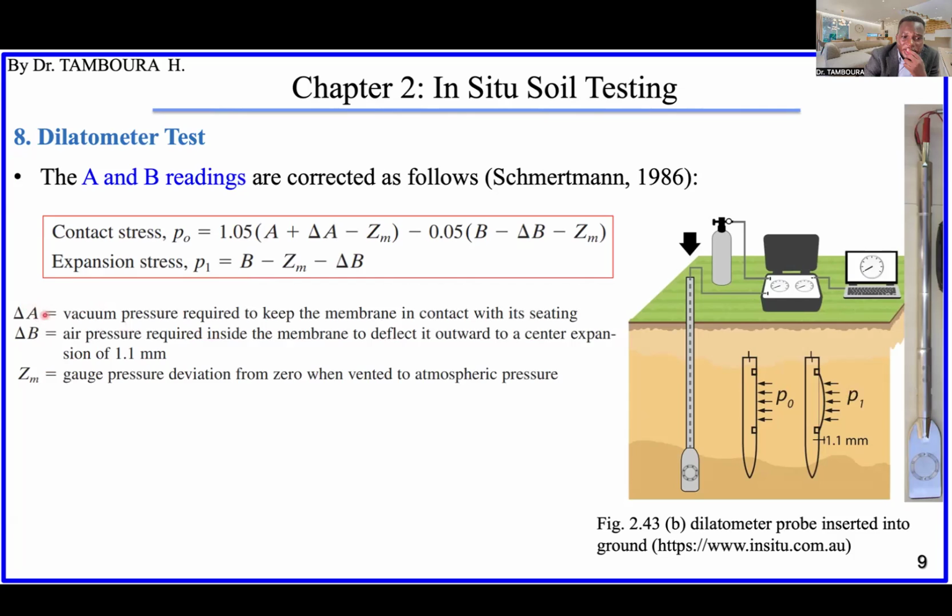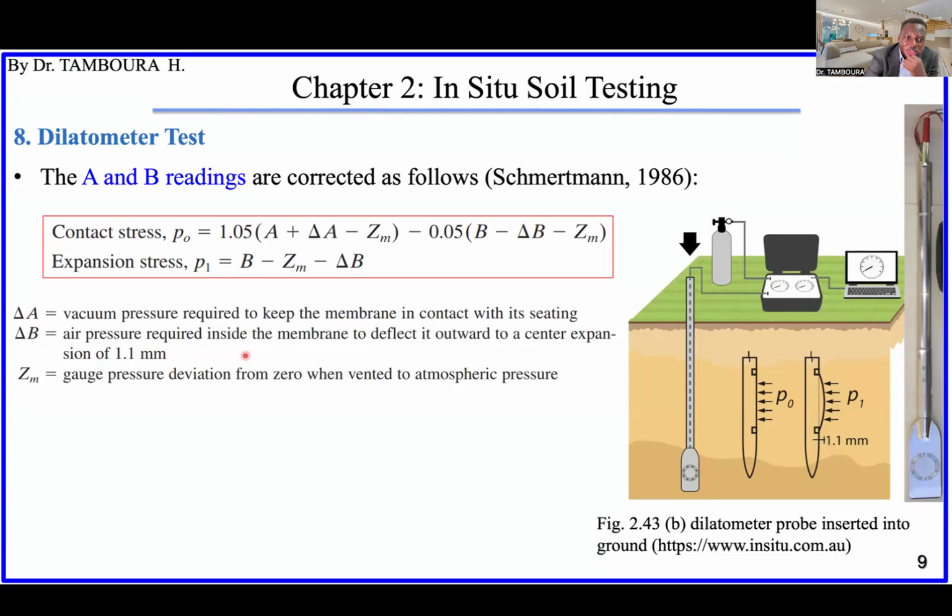Okay, delta A is vacuum pressure required to keep the membrane in contact with its seating. Okay, delta B, air pressure required inside the membrane to deflect it outward to a center deflection of 1.1 millimeter. Okay.